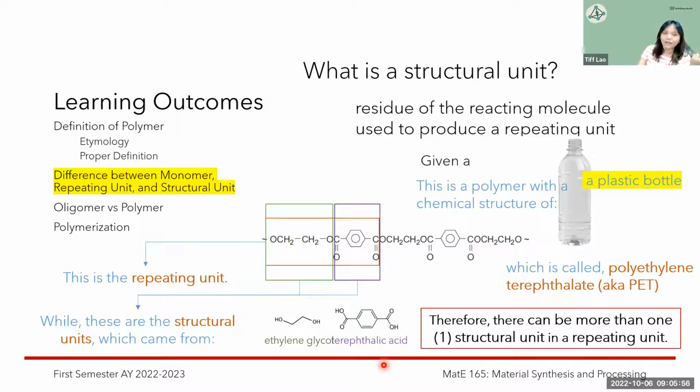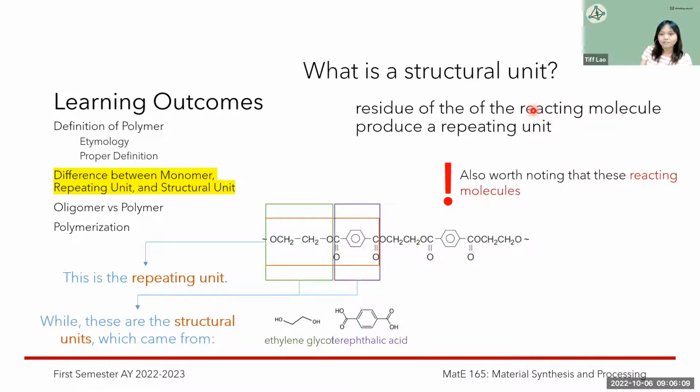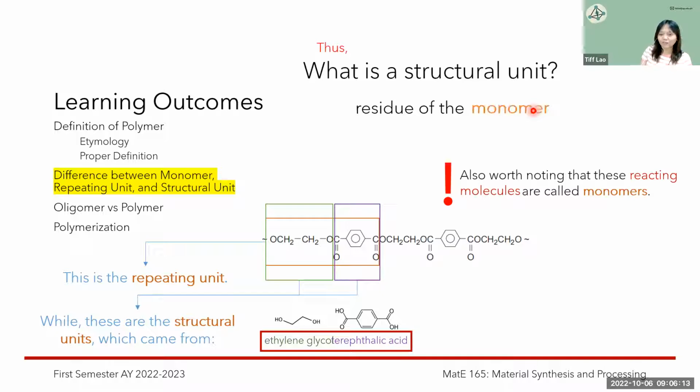And this reacting molecule that I'm talking about, in terms of polymer technology or polymer science, is called a monomer. Monomer. So your monomers are ethylene glycol and terephthalic acid. So what is a monomer?